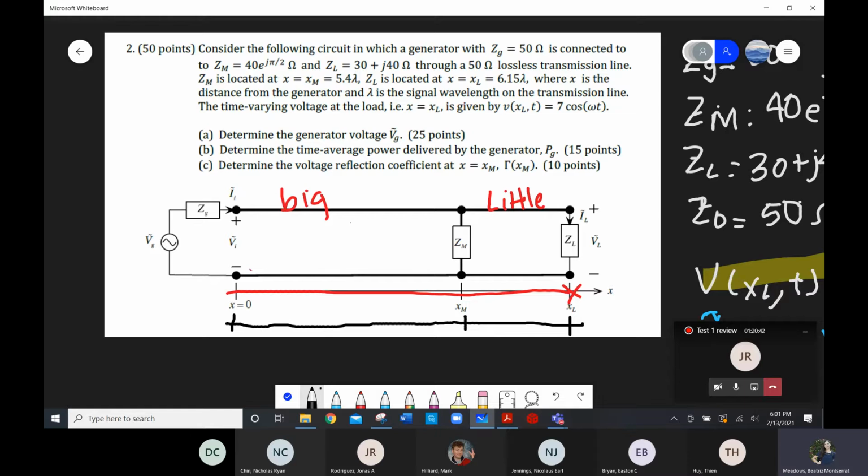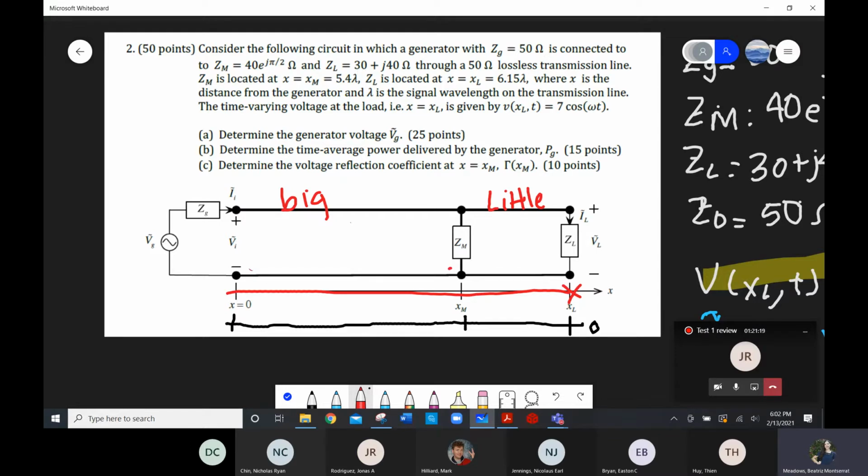Anyway, so where do I put the 0? At the ZL. Perfect. So this guy's 0. What is the distance from here to here? It's 5.4 lambda. Actually, I think it will be better if we look at his axis.